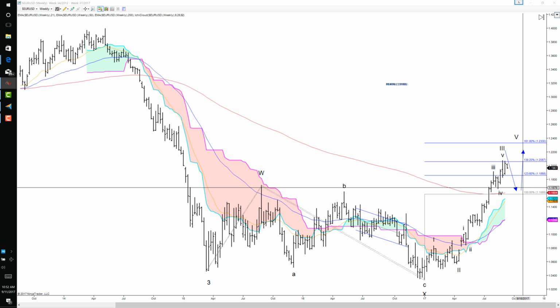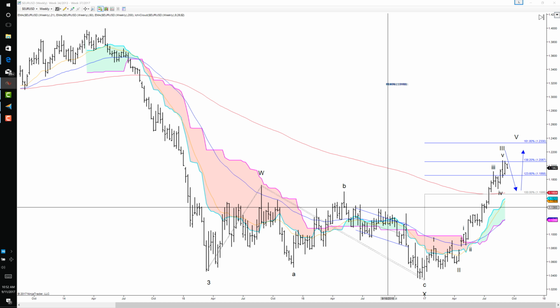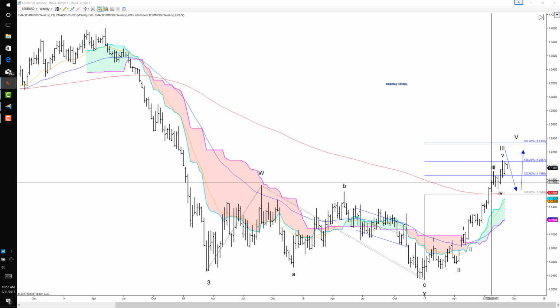And if wave C turns into a triangle, well then I'll just keep my stops trailing and go from there. But if you're not an advanced trader and you're not okay with risking a little bit, I personally would not do anything in the euro until you know for sure what this particular pattern is going to be.